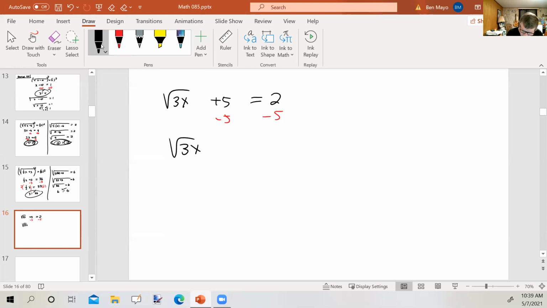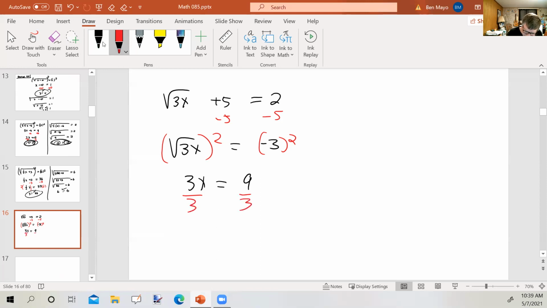We get the square root of 3x equals -3. Now that we've isolated the radical, we'll square both sides, and we get 3x equals -3, the quantity squared. -3 times -3 is +9. Then we'll divide both sides by 3, so we get x equals 3 as an answer.